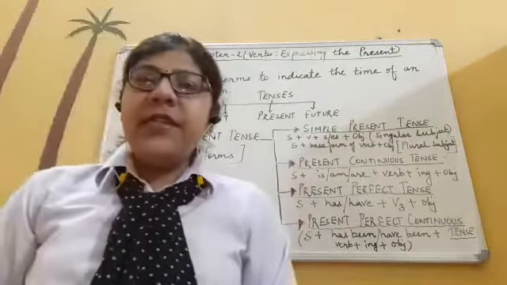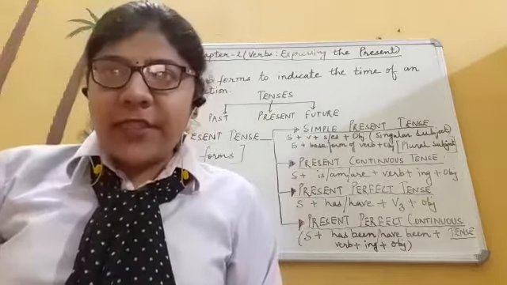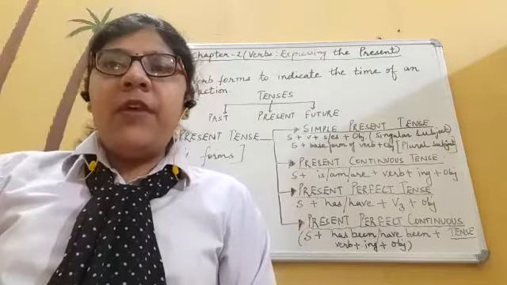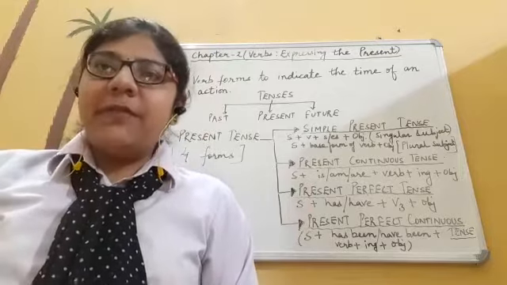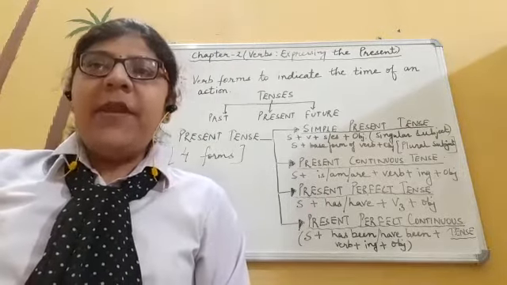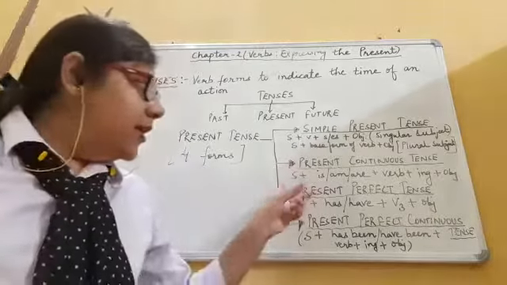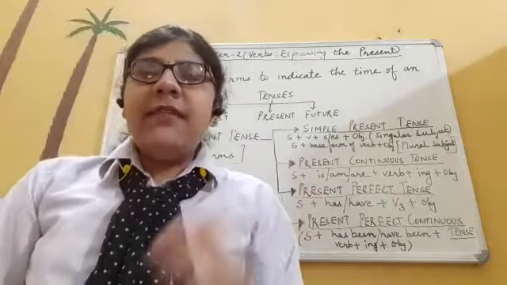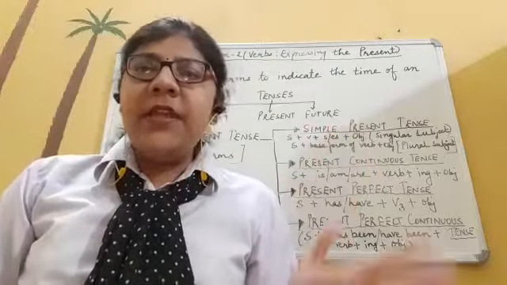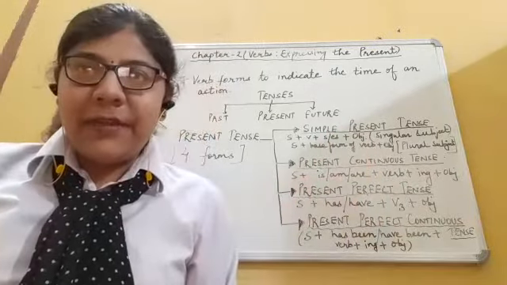Present continuous tense: the actions which are going on at the time of speaking. The formula which we will be using is subject plus is-am-are plus ing form of the verb plus object. Next, present perfect tense: the actions which started in the past and got over very recently.